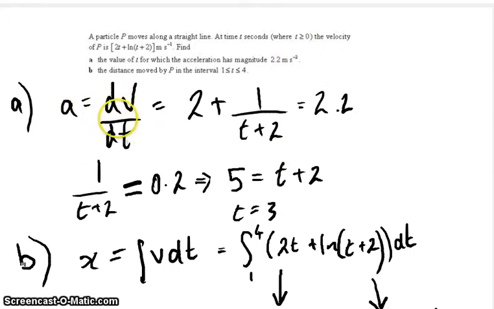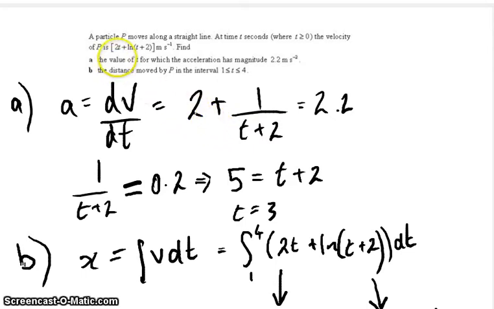So part A, you need to find the acceleration from the velocity. You've got a condition here, and you need to find t. So dv by dt will give you A. So here's what we get.